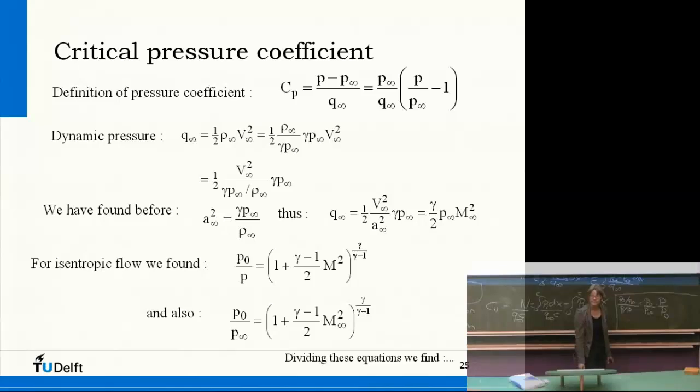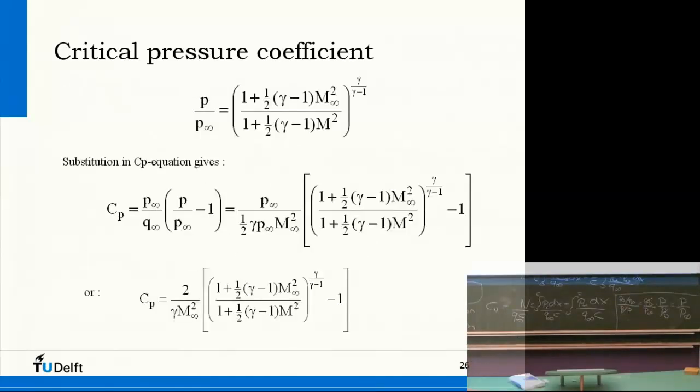Yeah? So I get the ratio P over P infinite, taking the P0 over P infinite and dividing the P0 by P.